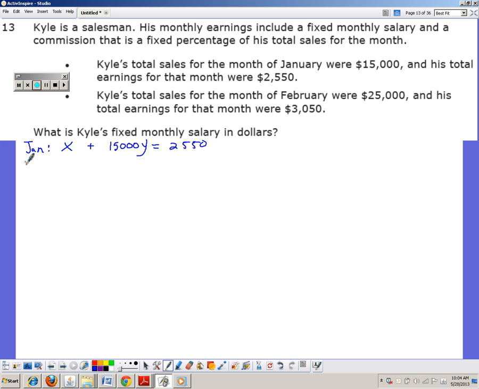For February, again, we don't know what his fix is, so we're calling it X. His sales are 25,000, so it's 25,000 Y, again, because it's a certain percentage, and that equals 3,050.